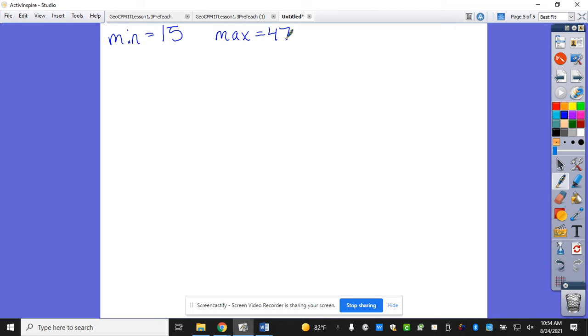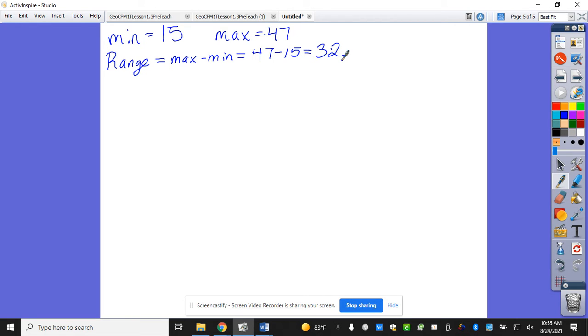What do I usually find? What's the mathematical thing that I usually find with min and max? Which gives me what? All right, so I know I need to cover a range of 32 numbers. Different problems are going to be addressed differently, and that's why I'm not using the instructions on the front.